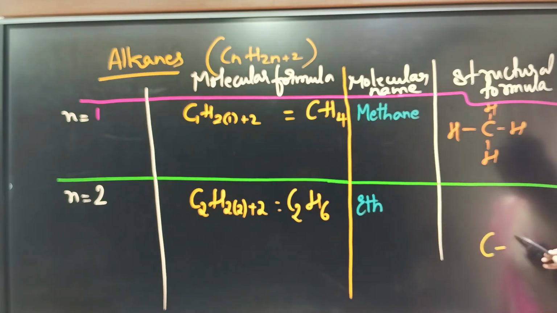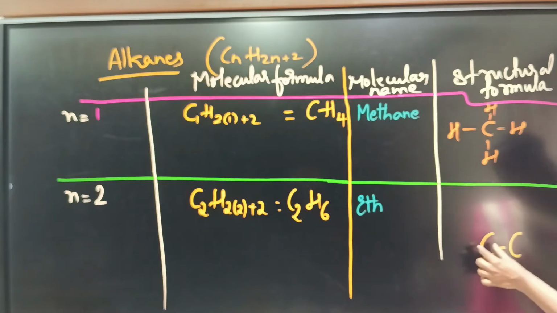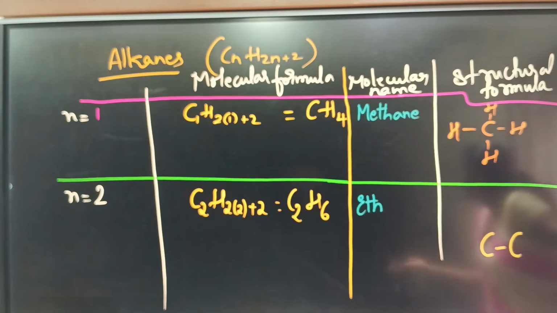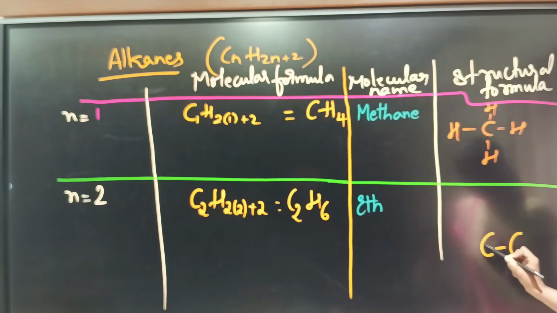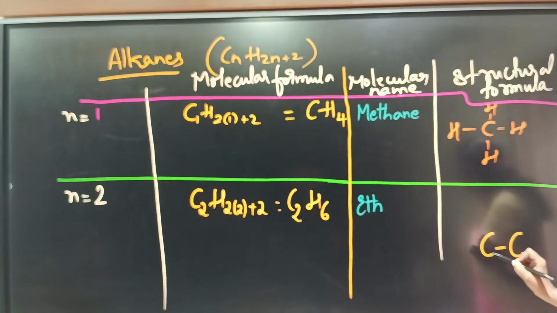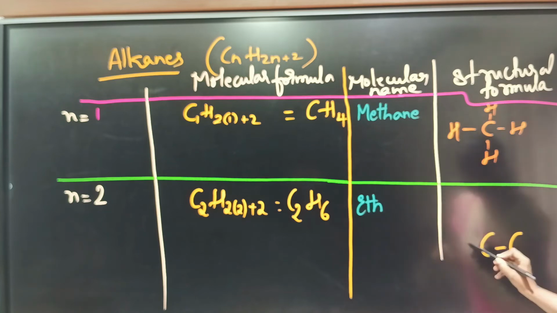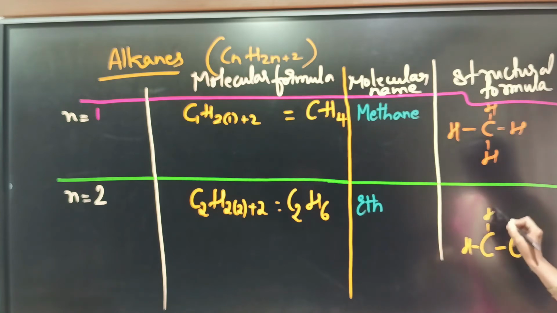How many carbons are there? 2 carbons. So carbon will form a bond with the other carbon itself. That is the main property of carbon. What is that? Catenation. Now when you take this carbon, how many bonds have already been formed? 1. How many more bonds have to be formed? 3. So I am going to write H here.